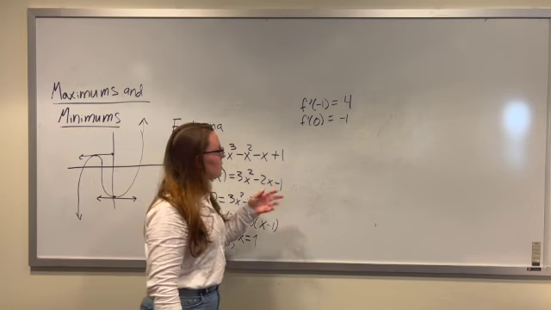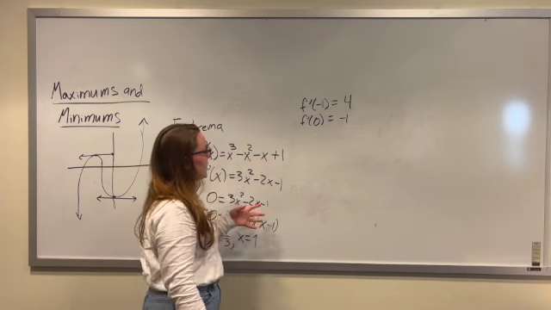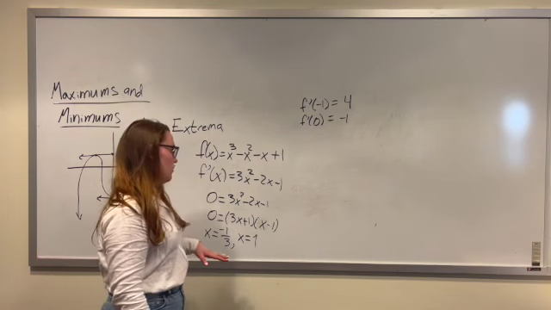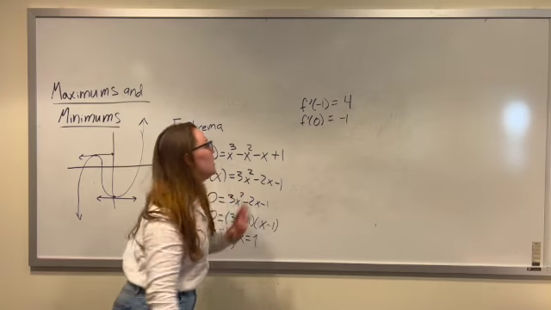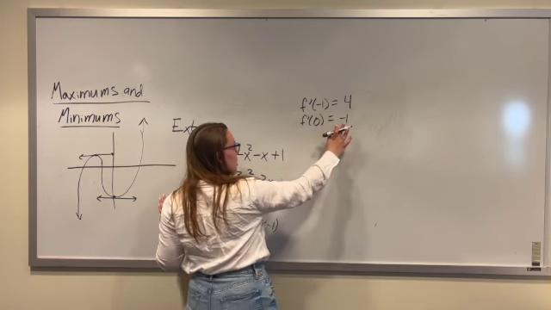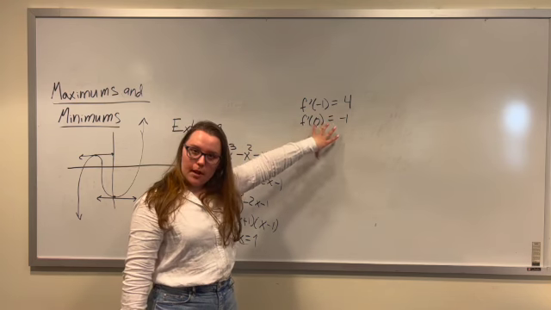When we plug these values into our derivative equation, we get that f prime of negative 1 is equal to 4 and f prime of 0 is equal to negative 1. What we really want to look at here is when these values are positive and when they are negative. The real value of them doesn't really matter.